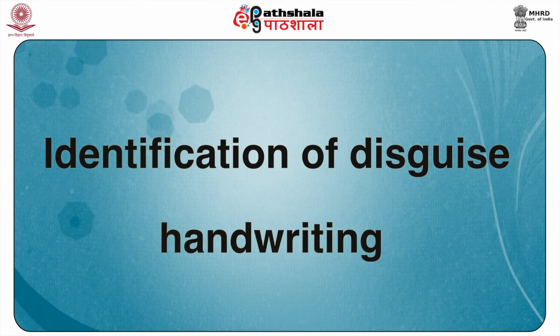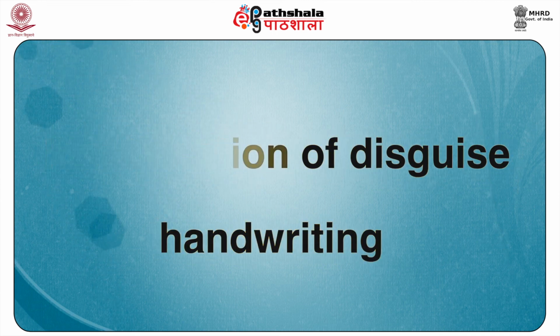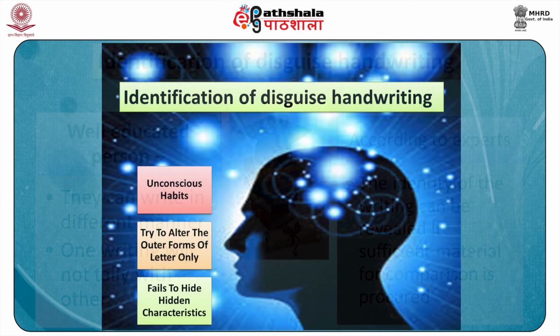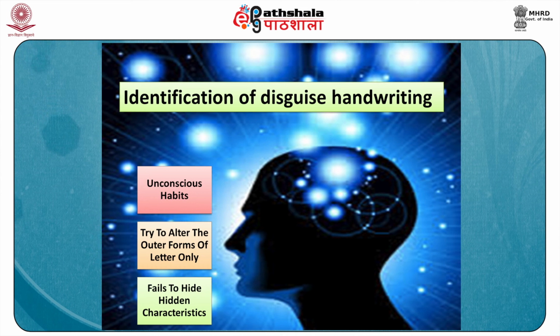Now, let me tell you how identification of disguised handwriting is done. A well educated person can write in different manners, and one writing will not tally with another. It is not just difficult but impossible for an individual to materially change their writing habits.